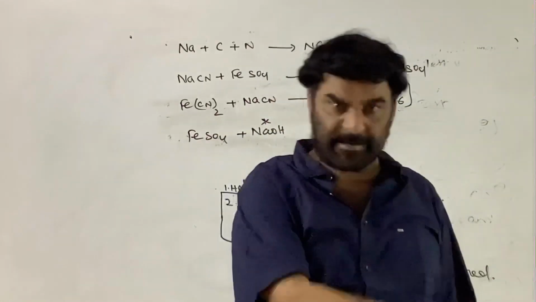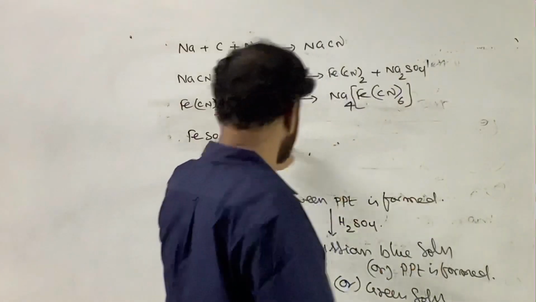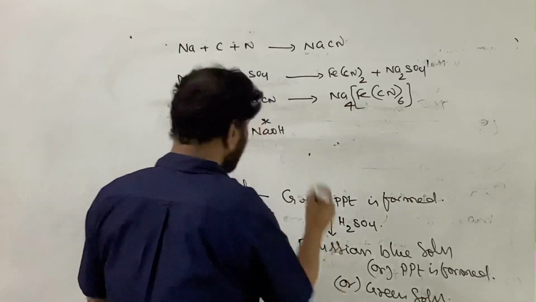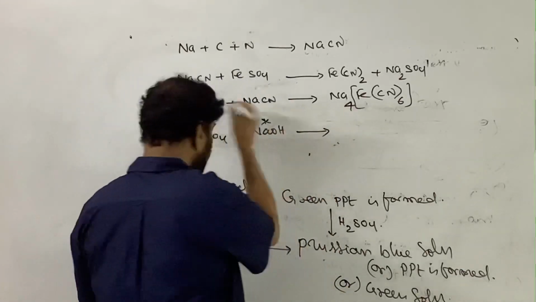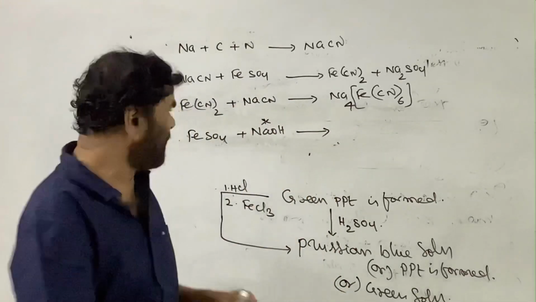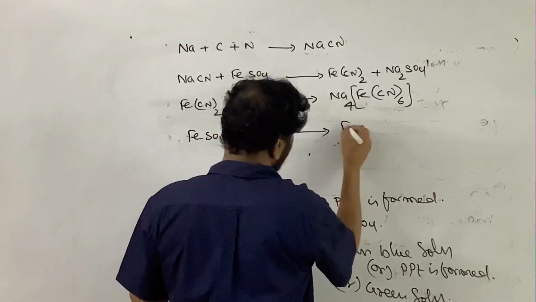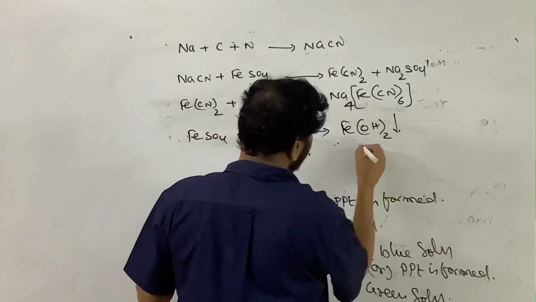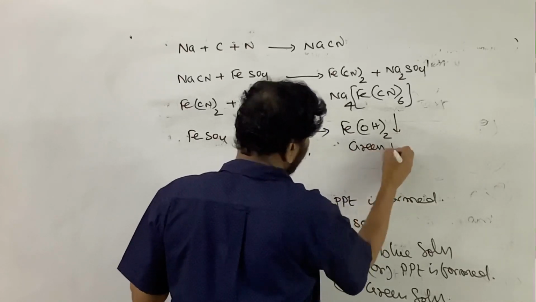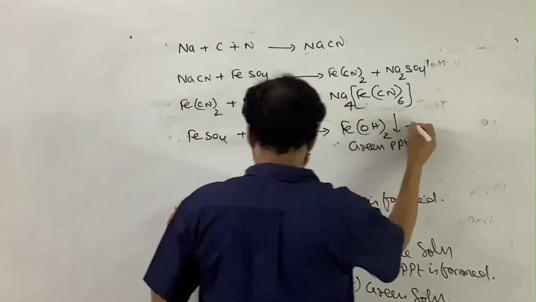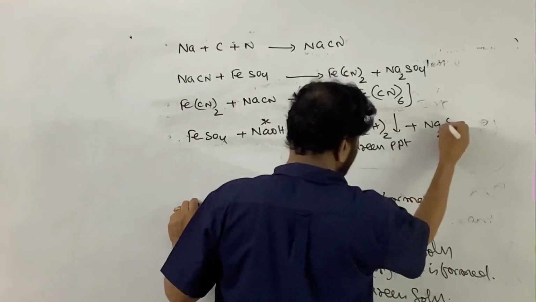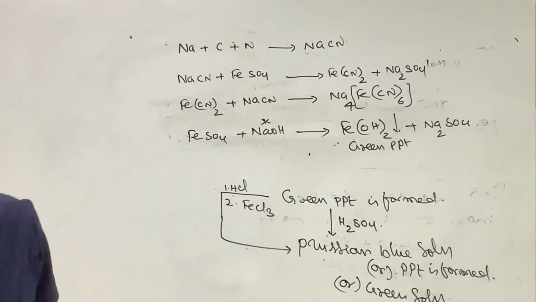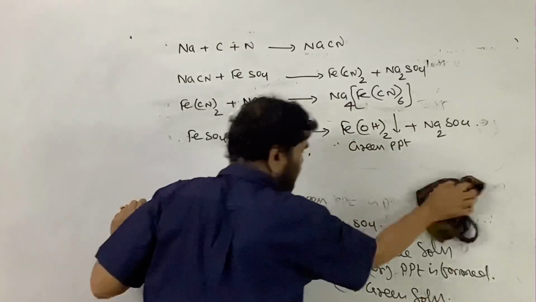The Lassaigne extract is slightly alkaline due to sodium hydroxide. Ferrous sulfate reacts with sodium hydroxide; the solubility product of ferrous hydroxide is very low, so a green precipitate of Fe(OH)2 is formed, plus Na2SO4. This is the case.